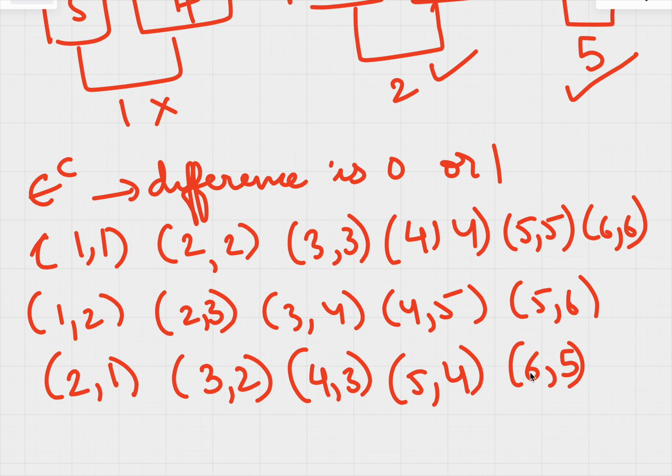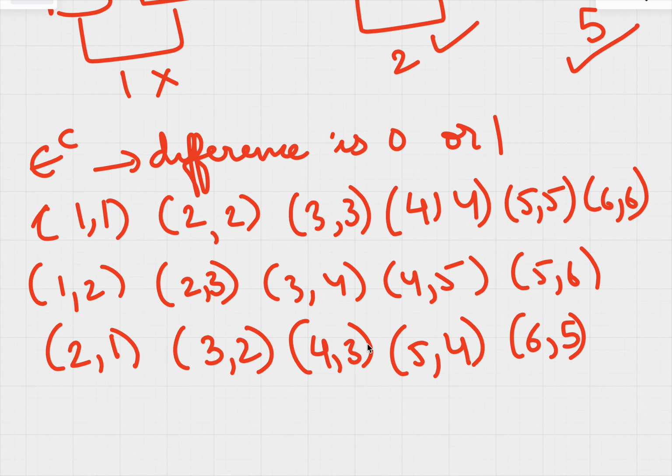Apart from this, everything else has a difference of at least 2. So what are the favorable outcomes here? 6 and here are 10. So total are 16. So the probability of its complement is 16, the favorable outcomes, by the total outcomes when two dice are rolled, which is 36.